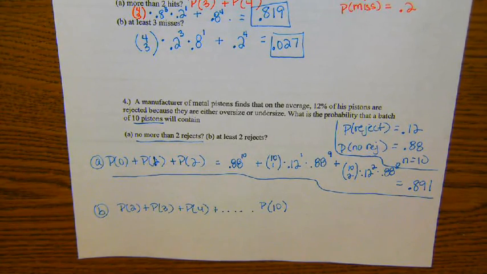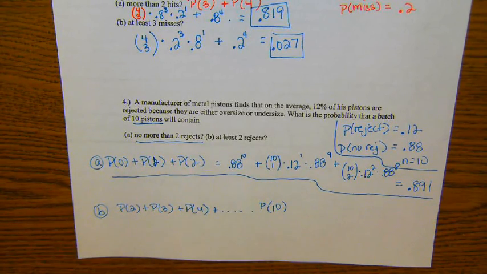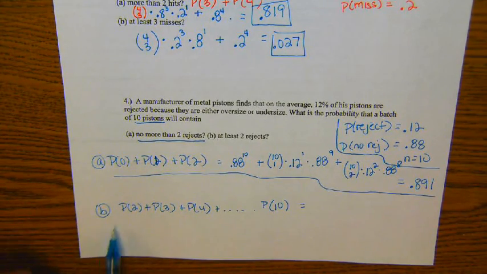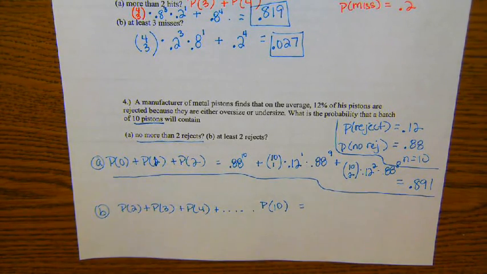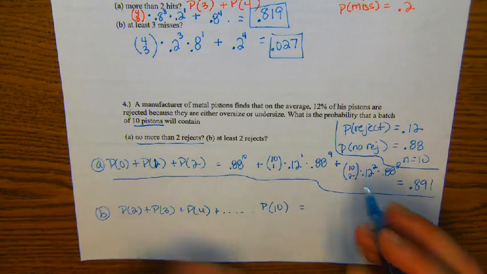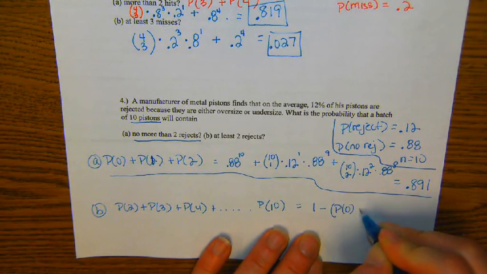From yesterday, I gave you a way that would be less work than that. What, especially since I already set these up, what would be easier? What's the only thing that's not included in this probability? 0 and 1. So it would be less work because the entire distribution has to add up to 1. This has to equal 1 minus P of 0 and P of 1.